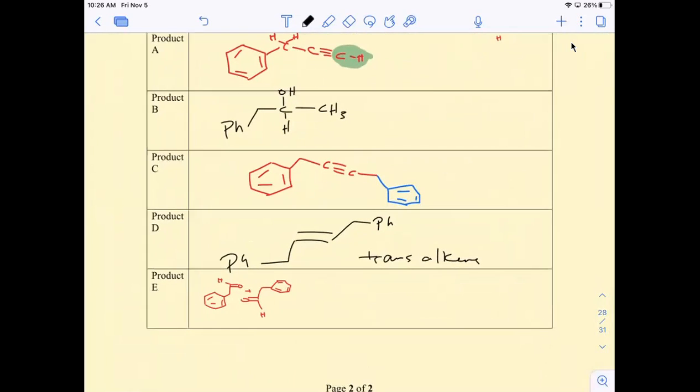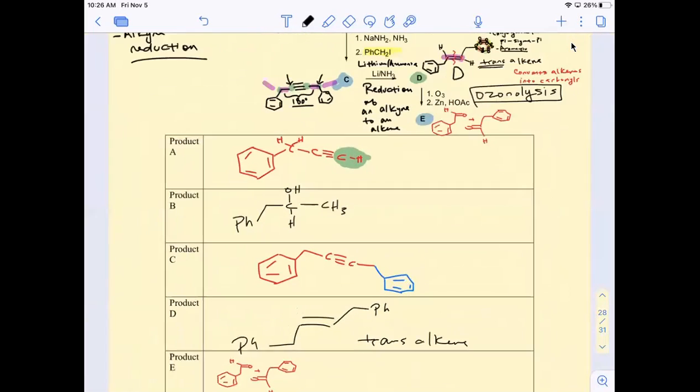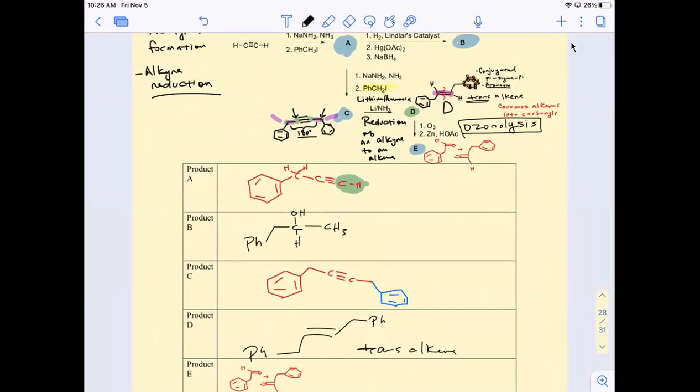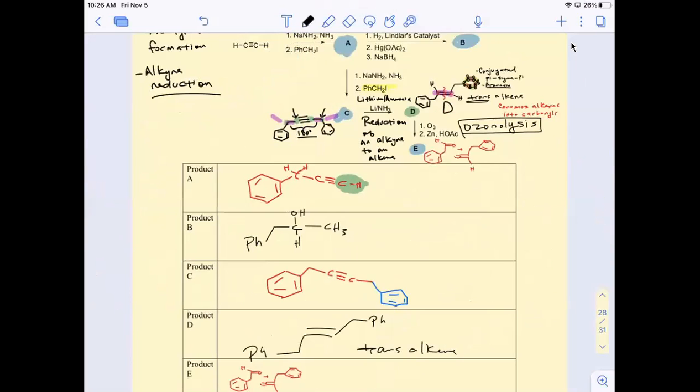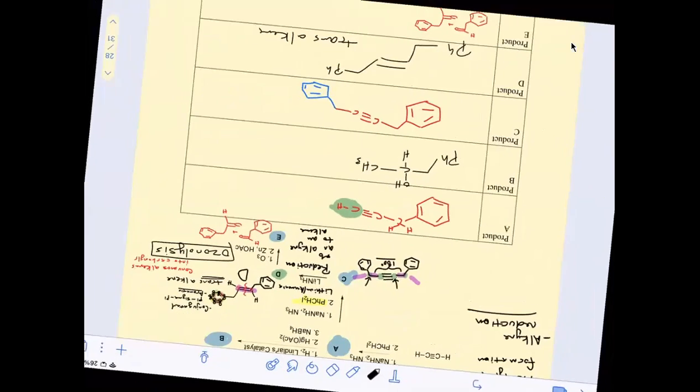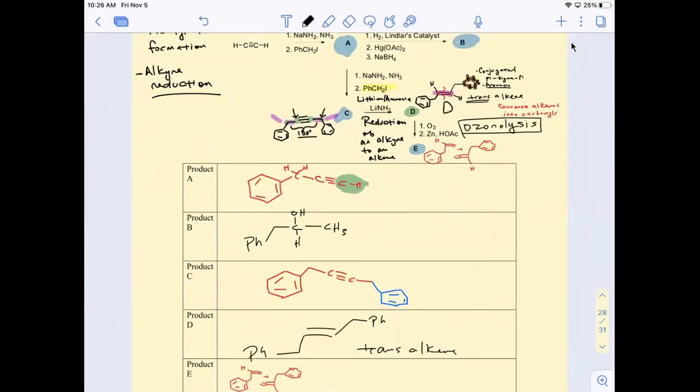All right. Any questions about any of these reactions that we've done with these alkynes? So what we've looked at with alkynes, we've looked at conversion of alkynes into enols, and we know that the enols don't stay, they're not stable, so they rearrange to give you the carbonyl, right?